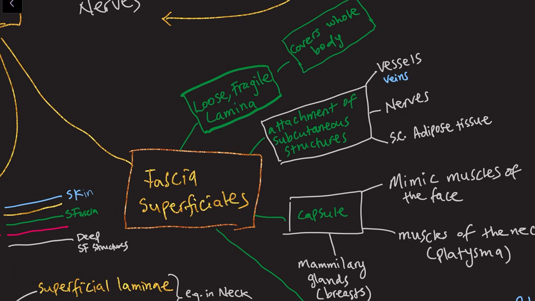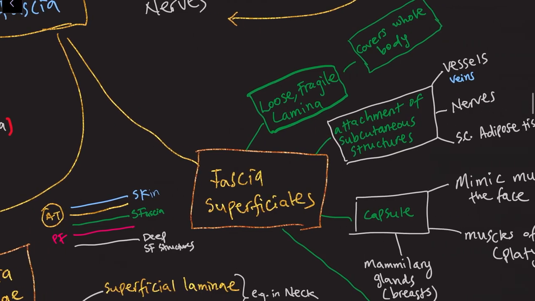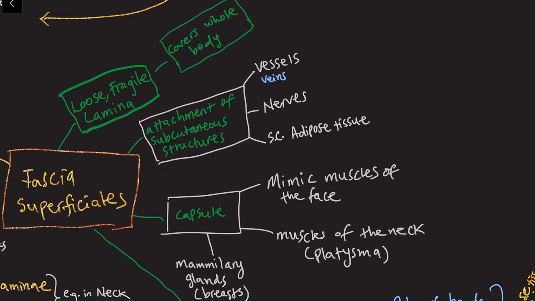The fascia superficialis serves as the attachment of subcutaneous structures. Right? As we said, you have the skin, and then you have the adipose tissue, the subcutaneous tissue, subcutaneous fat, right? And then you have your superficial fascia.